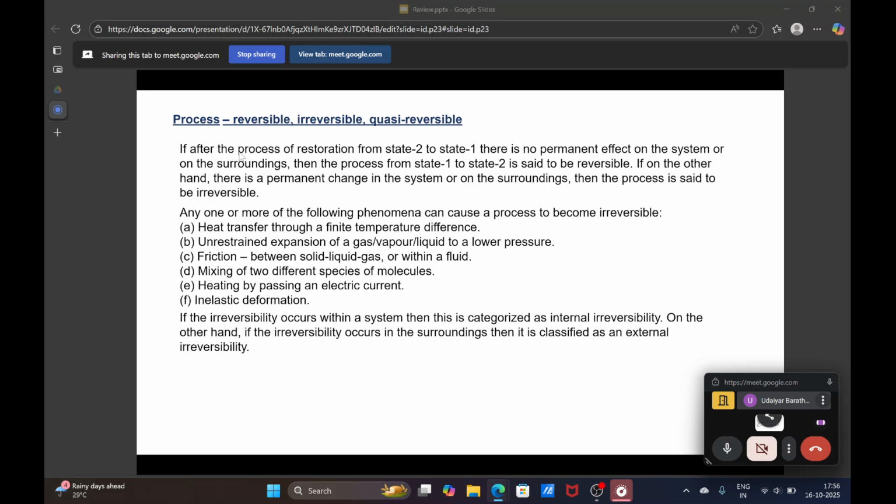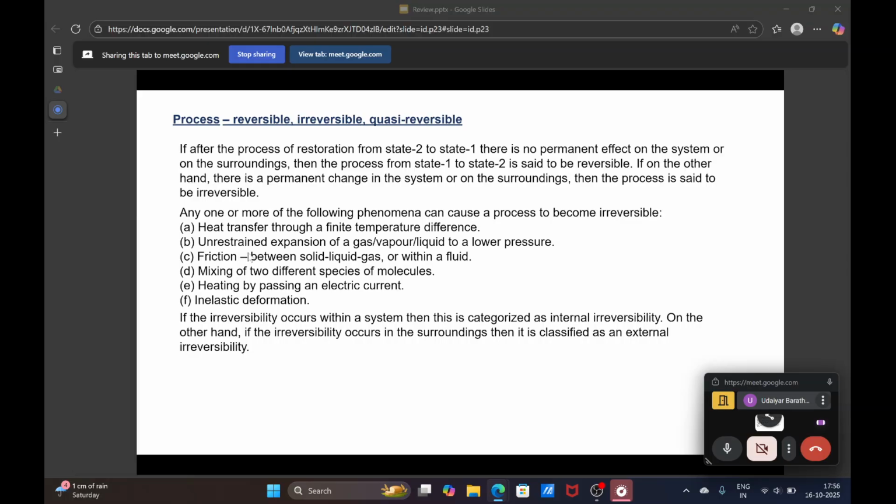And then we saw reversible, irreversible, and quasi-reversible. Reversible means that if you are able to come back from the end state to the initial state, then it's a reversible process. An actual process cannot be reversible for various reasons. One is heat transfer, because heat transfer generates entropy, which you have seen, so it is irreversible.